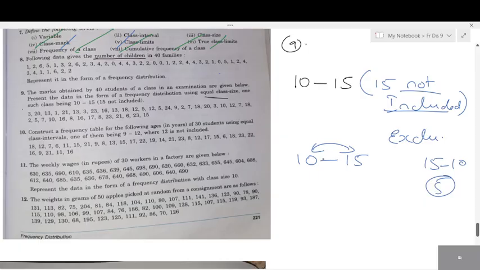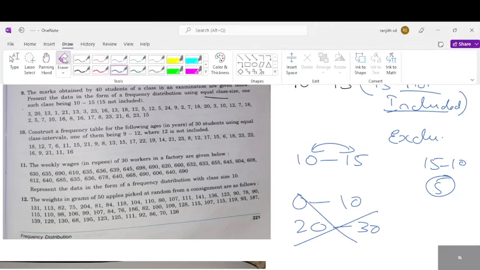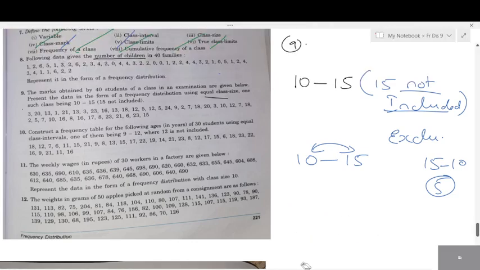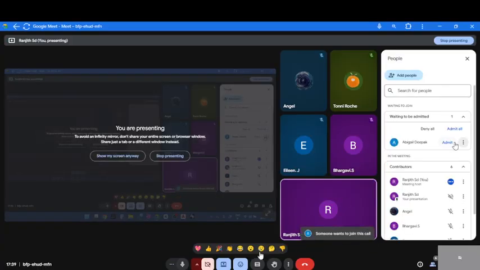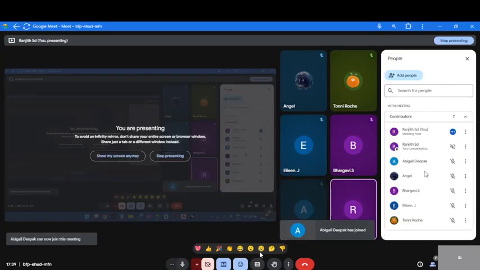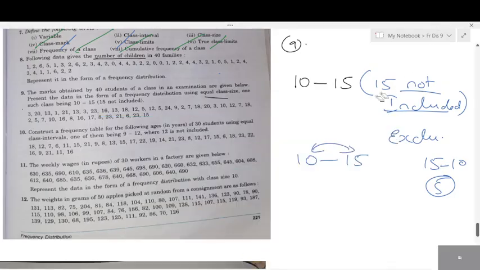Each class interval should have a difference of 5. That is what they've given. You can't randomly take 0 to 10, 20 to 30. The difference should be 5.